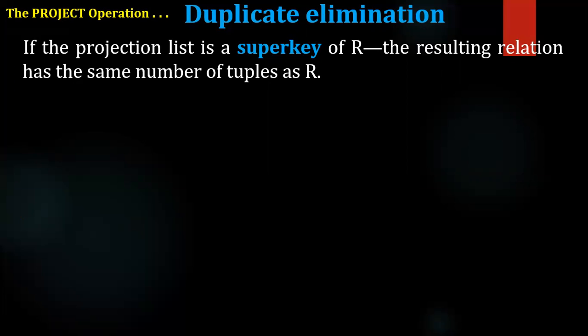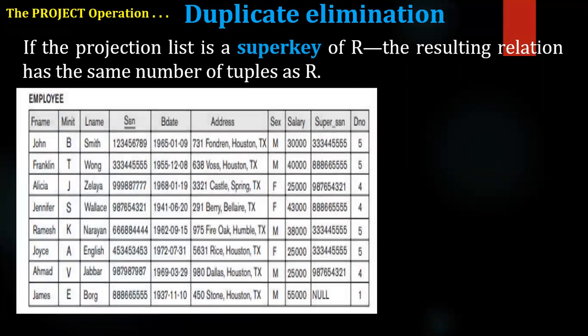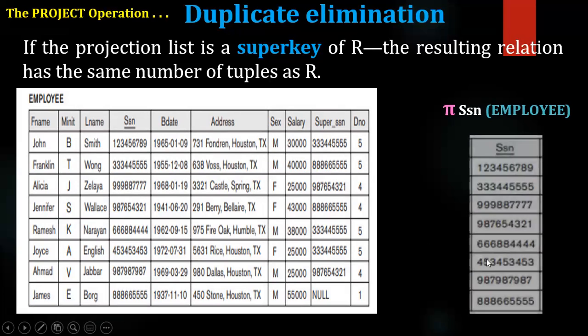If you are retrieving attributes from a super key, then the resultant relation will contain the same number of tuples as the original relation. So if I want to retrieve SSN, all values are unique, so it will retrieve all the tuples. The number of tuples will be the same.